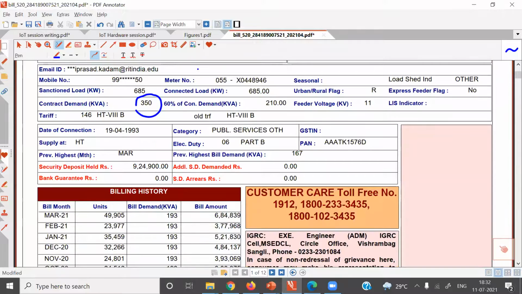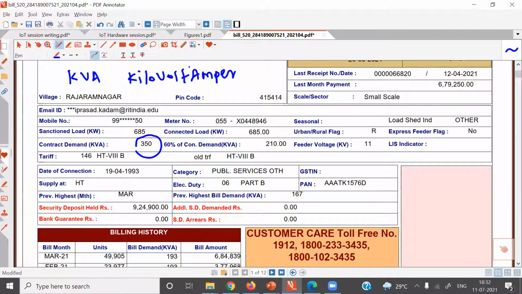Now, per phase voltage is 220 volt, and our connection is 3-phase. For example, on each of the R, Y, B phases, if current is 100 ampere, it may not necessarily be the same and may change according to power consumption.